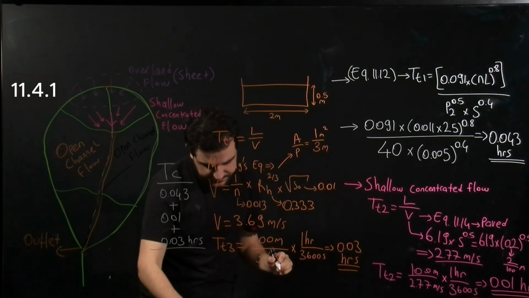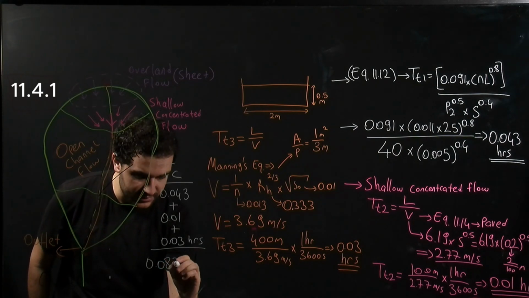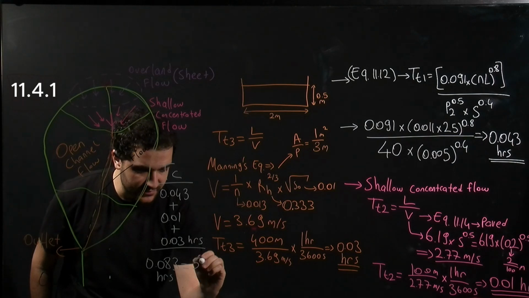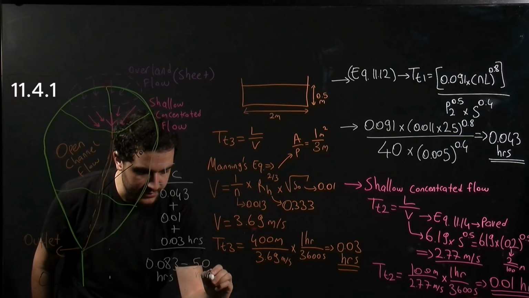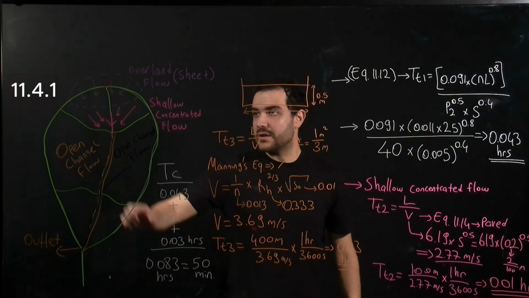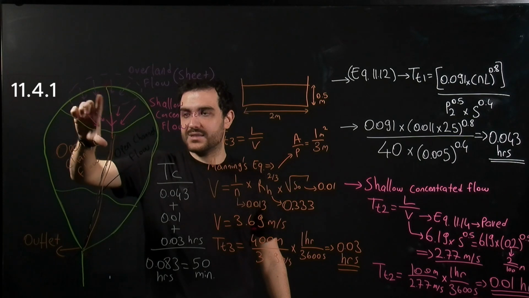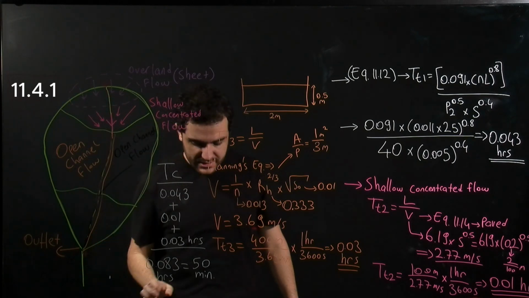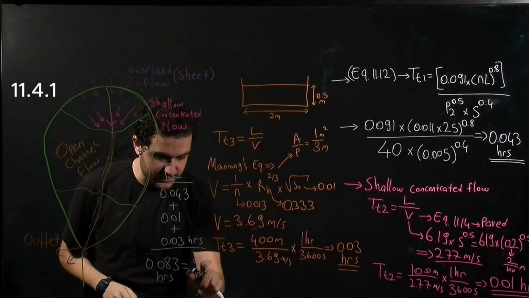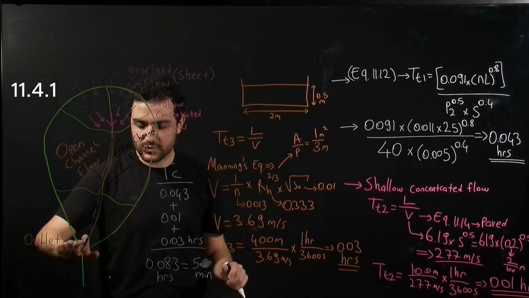Which gives us 0.083 hours, which is equal to 5 minutes. So from this point, which is the most distant point in this watershed, to the outlet, it takes 5 minutes, not 50. It takes 5 minutes from here to this outlet.